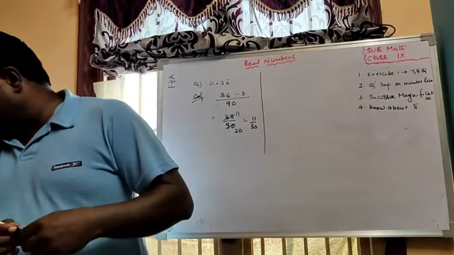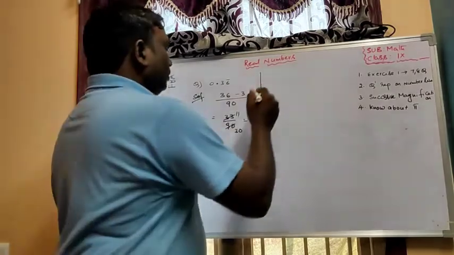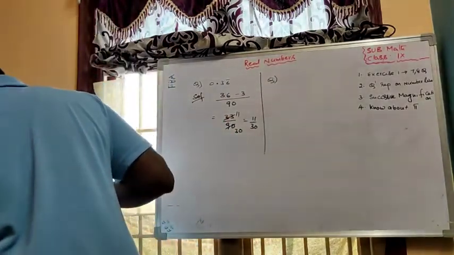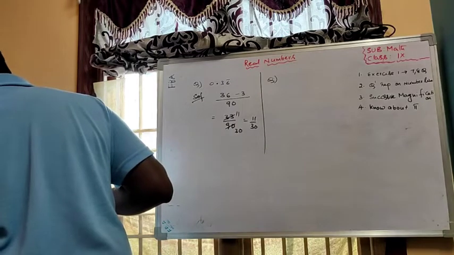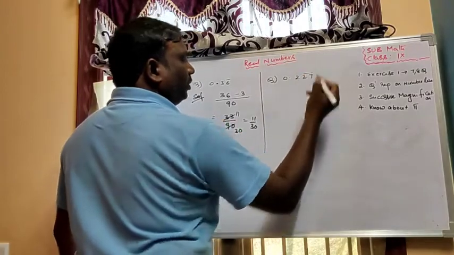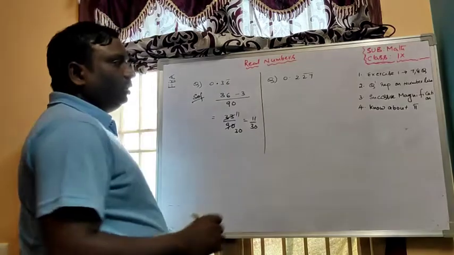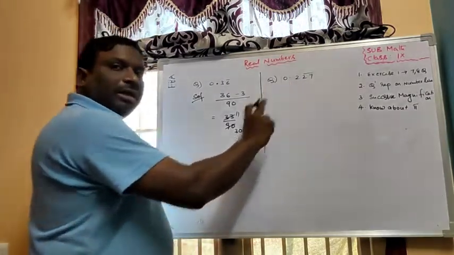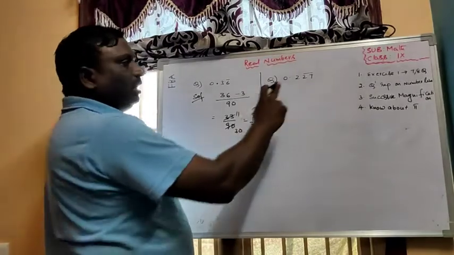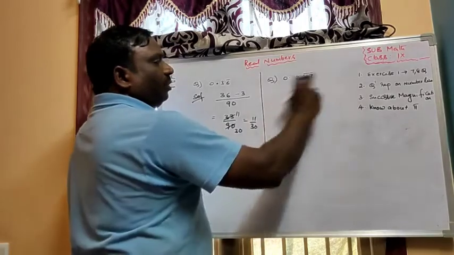One more example, then you can understand easily. Take 0.227 with the 27 recurring. Subtract the non-recurring digit, which is 2, from the total digits.